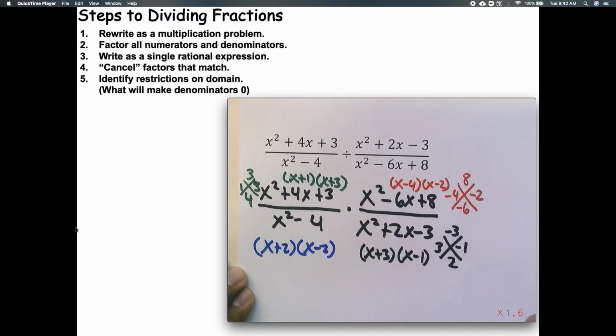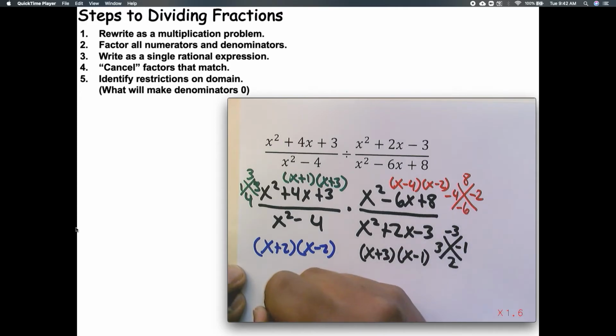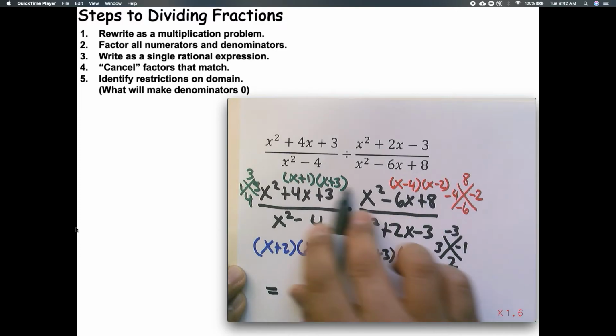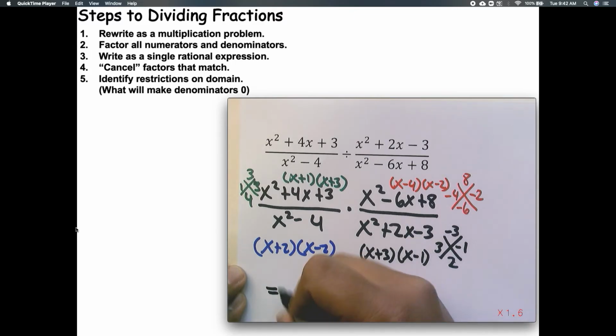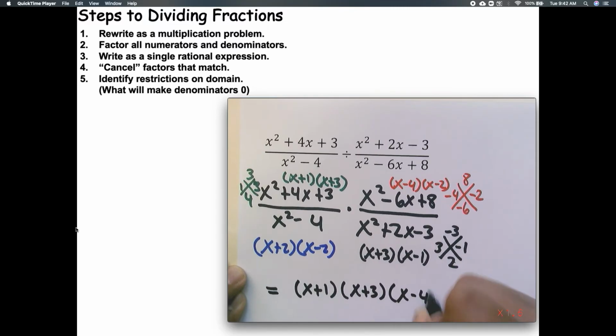All right, so we are on step 3. We're going to take all of these factored forms and rewrite them as a single rational expression. Keep a lookout for any monomials that got pulled out of any of these factored parts. Looks like no. So we can just write it as is. Everything on top stays on top. So we got our x plus 1, our x plus 3, our x minus 4, and our x minus 2.